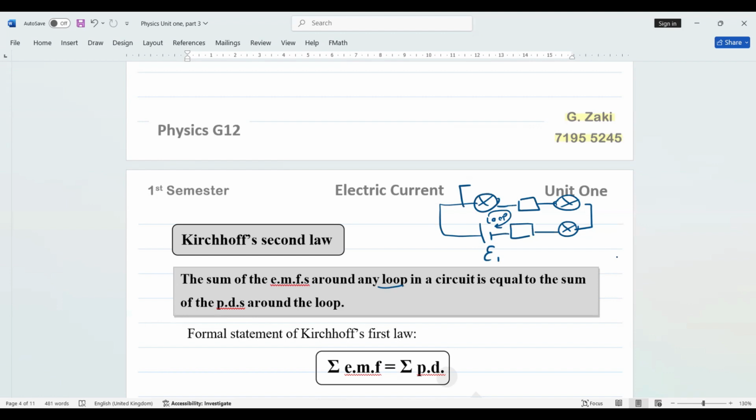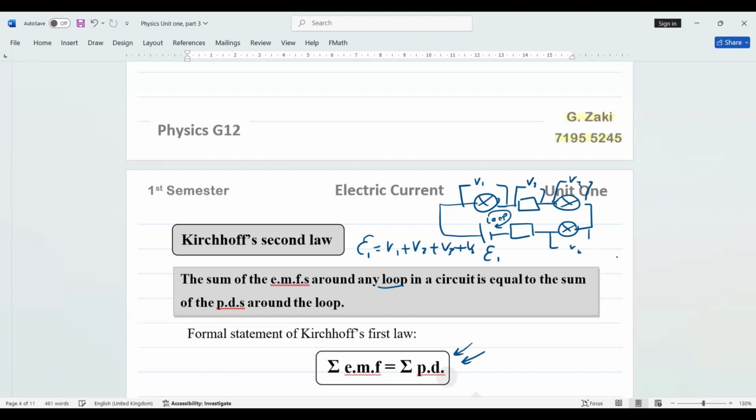This is potential difference, we can say it's V1. This is another potential difference, V2. This is V3. This is V4. Then the sum of EMF is E1 equals the sum of potential differences, V1 plus V2 plus V3 plus V4.